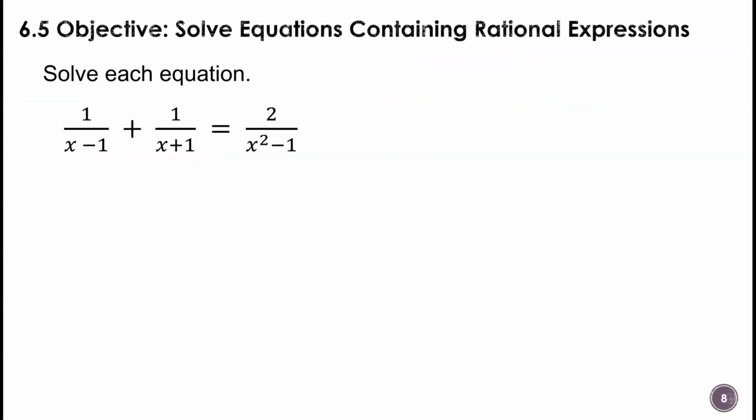Okay, here's the next one. So in this one, we have to start out by factoring our denominator. And so our LCD is x minus 1 times x plus 1. We have to use both of those, right? Because those are the only factors in our denominators.